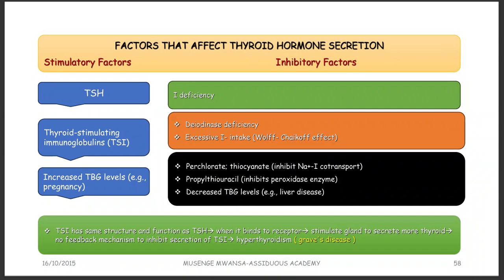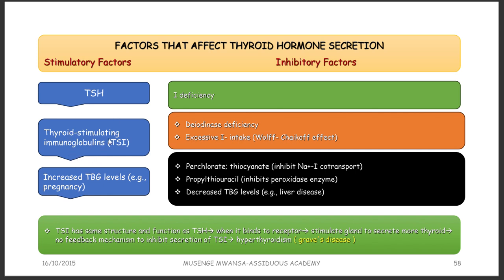What are the factors that affect thyroid hormone secretion? You have got some factors that are stimulatory, others are inhibitory. On the stimulatory side, thyroid stimulating hormone will stimulate the release of the hormone, and then thyroid stimulating immunoglobulins, these are antibodies.